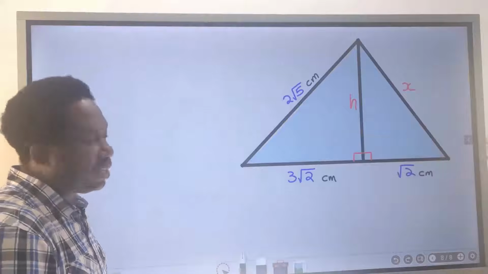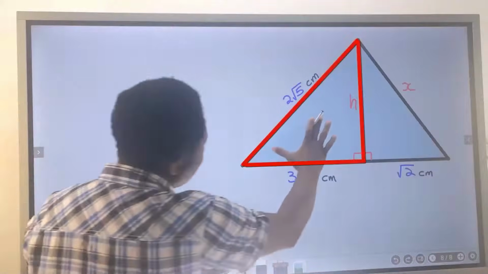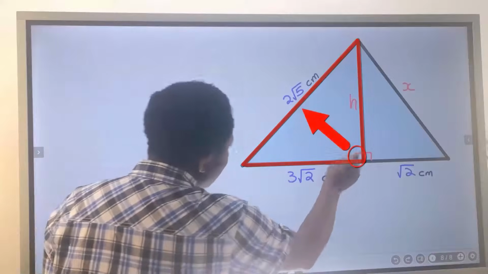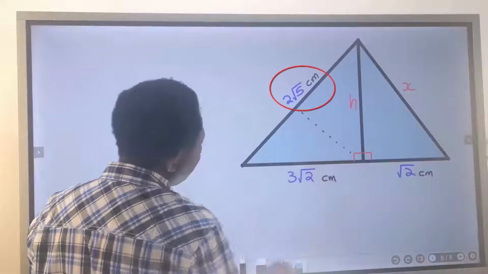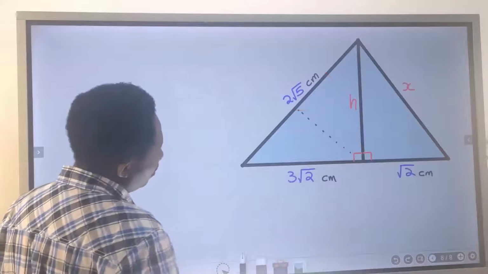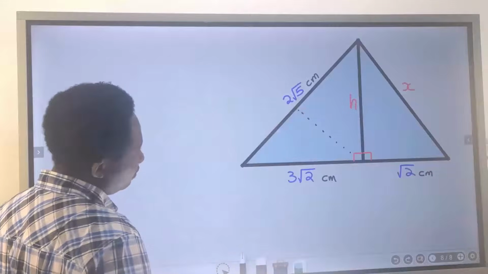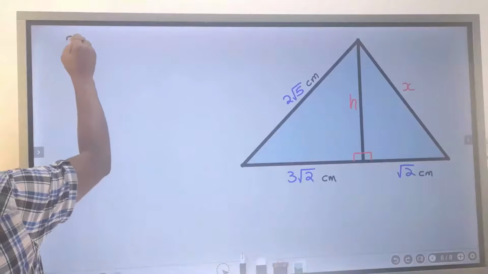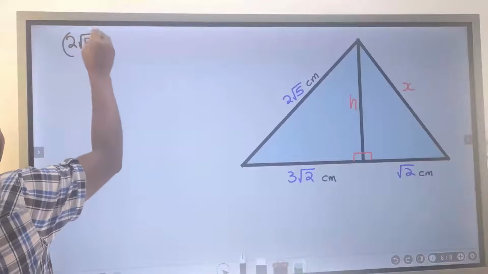The first step is to identify the longest side in this right angle triangle. The longest side is the side facing the right angle, which is 2 multiplied by the square root of 5. I will write 2 square root of 5 all squared.